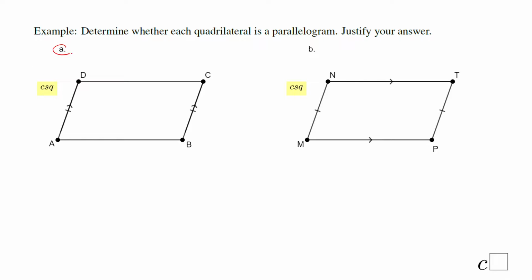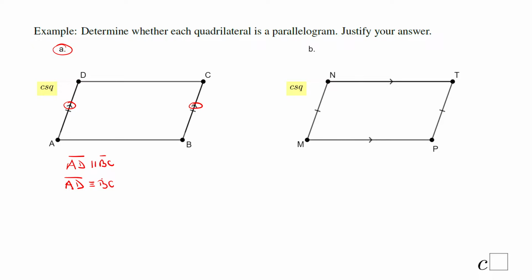So let's take a look at A, and what do we notice here? We notice first of all that AD is parallel with BC. How do we know that? We notice these two arrows here. But also we notice that AD is congruent with BC.